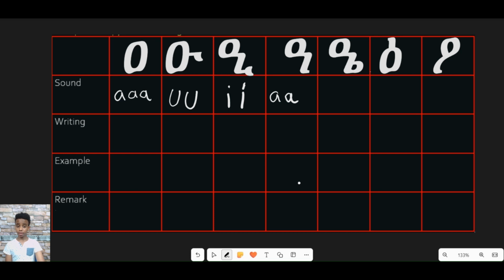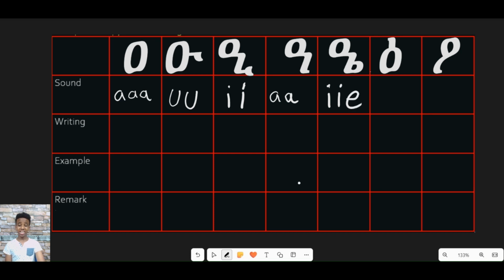Our fifth letter is the letter E. And you can write the letter A by writing I-E.